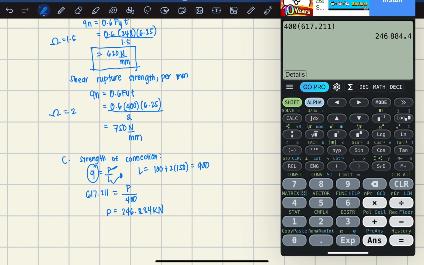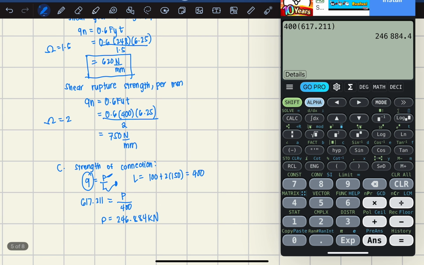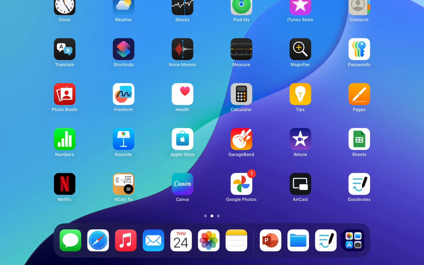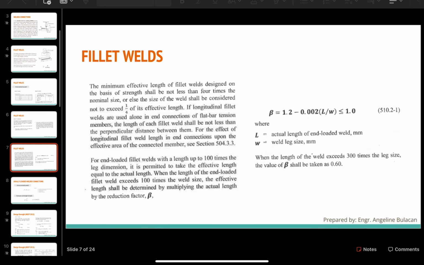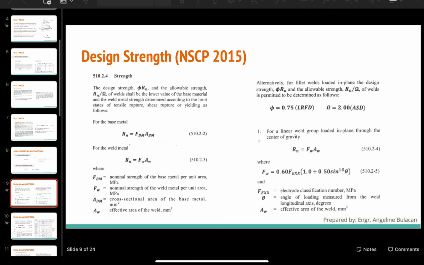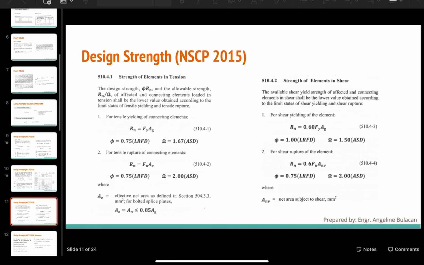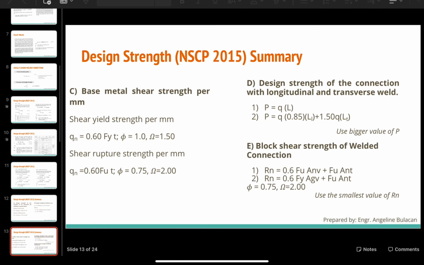Then yung isang formula, so kung babalikan natin class dun sa pag-compute ng design strength ng connection, di ba dalawa yung kailangang computein at saka pipiliin natin yung malaki. So, itong letter D. So, meron na tayong isang na compute.